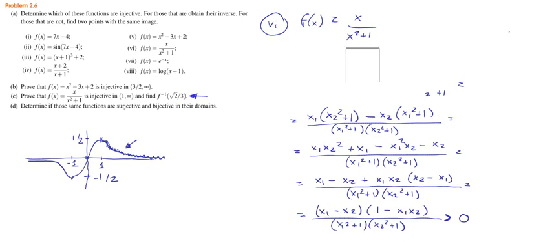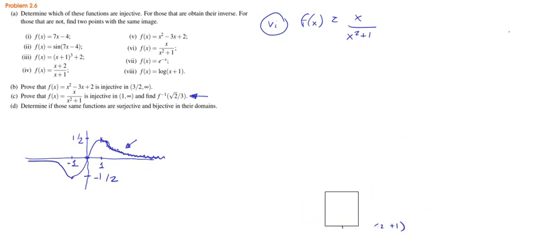So let me copy again the equation for the inverse that we had found. This was 1 plus minus square root of 1 minus 4y squared, over 2y.